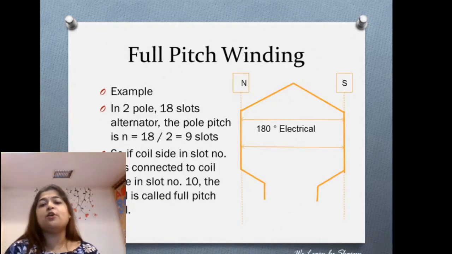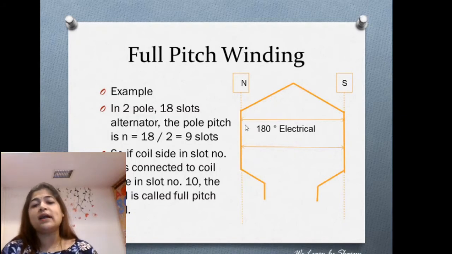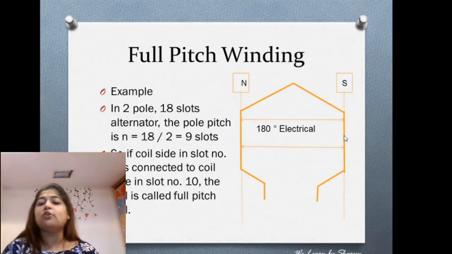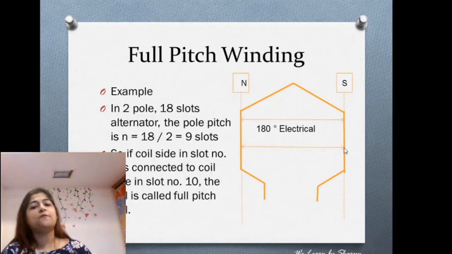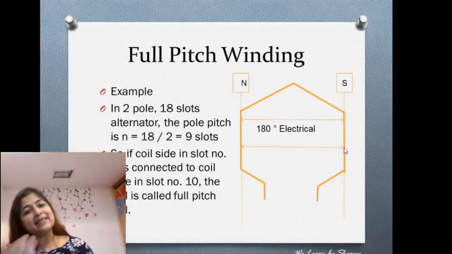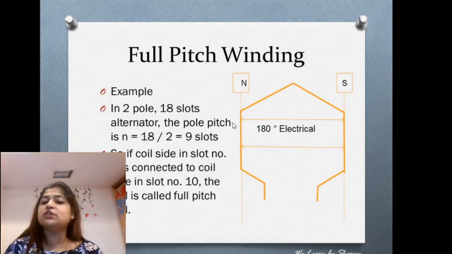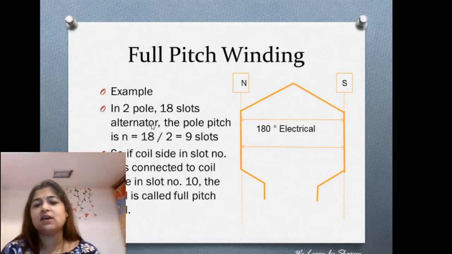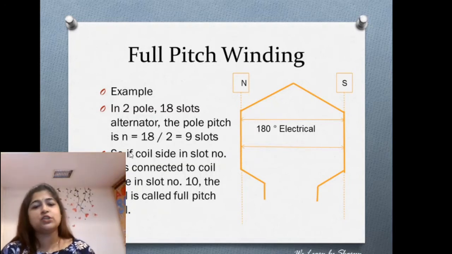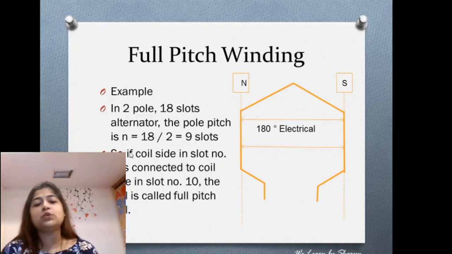See, this is the example of full pitch winding. One conductor is placed in front of one pole, and the other side of the coil is kept exactly 180 degrees apart in front of another pole. Then it is called full pitch winding. Let's again take the same example. If it is a two pole 18 slot alternator, the pole pitch is given by N, which is 18 by 2, that is 9 slots per pole, right?